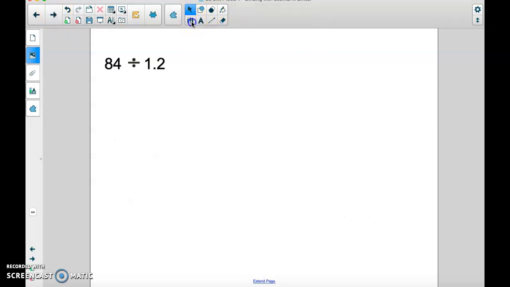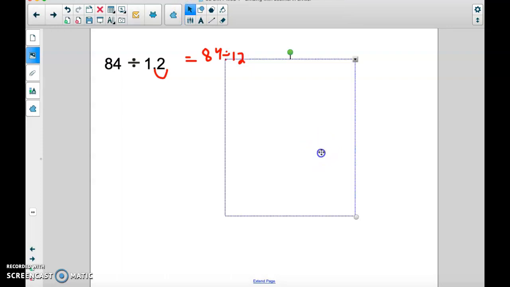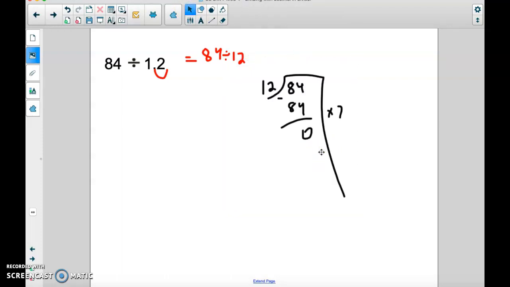So, step 1, move it out. I made one jump, and now that turns my problem into 84 divided by 12. And in a super magician-like way, almost as quick as Sonic the Hedgehog, I can solve it, right?